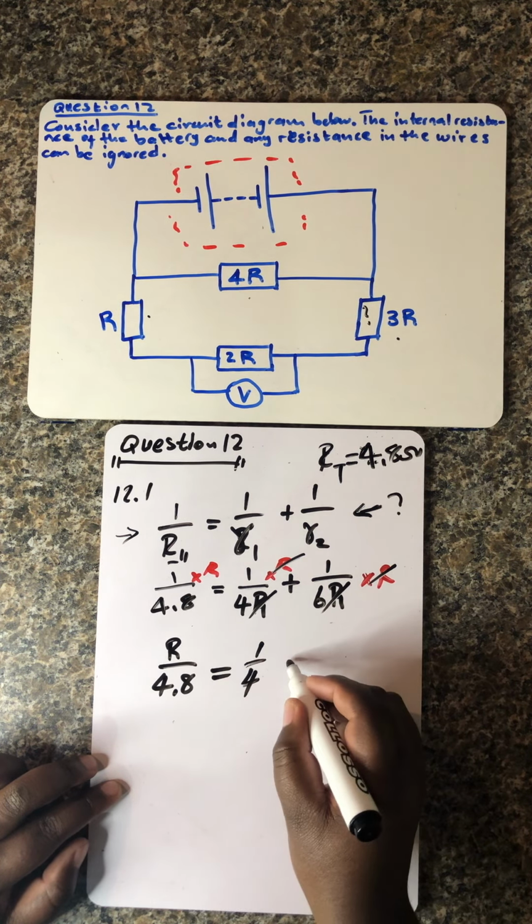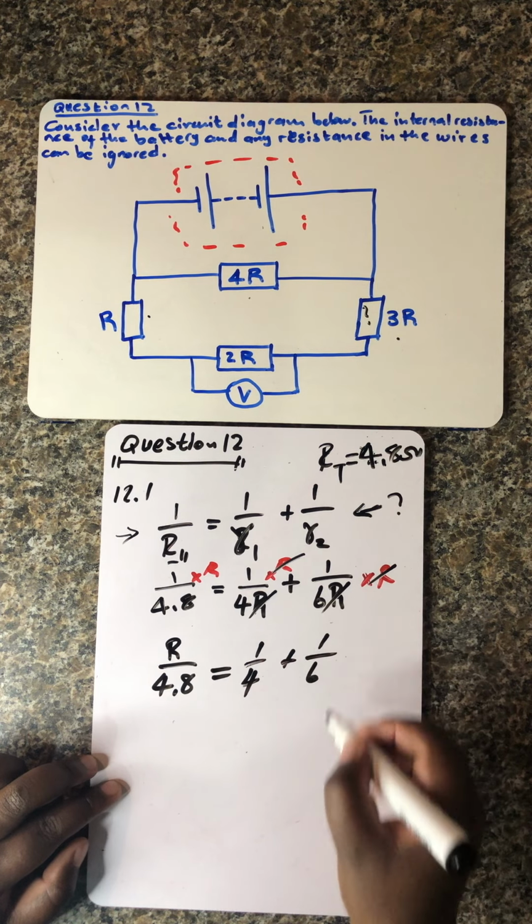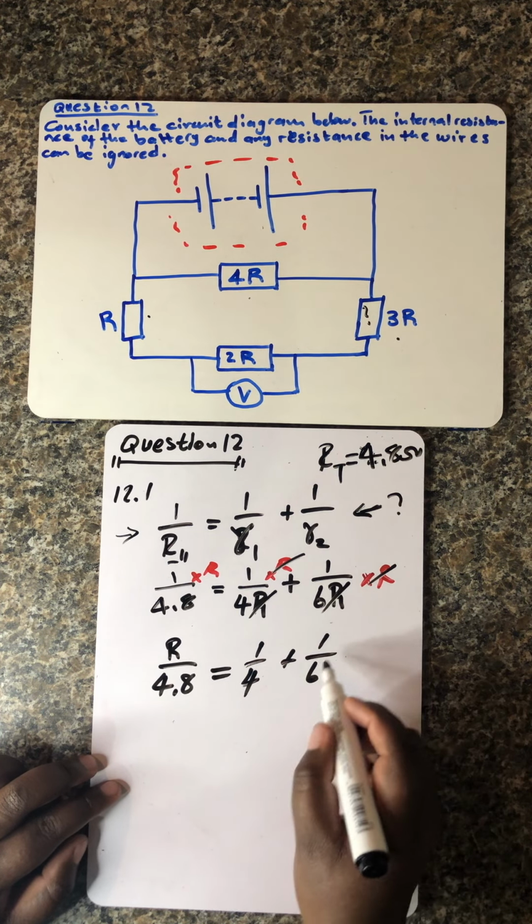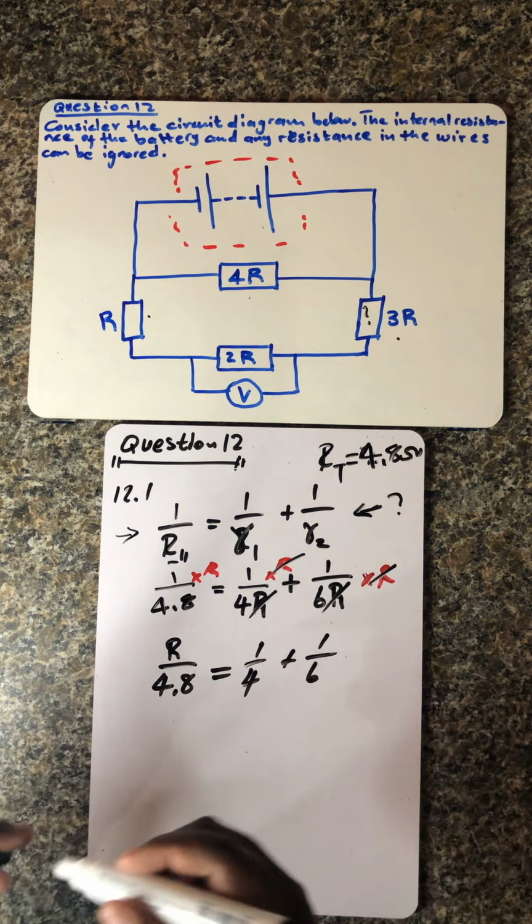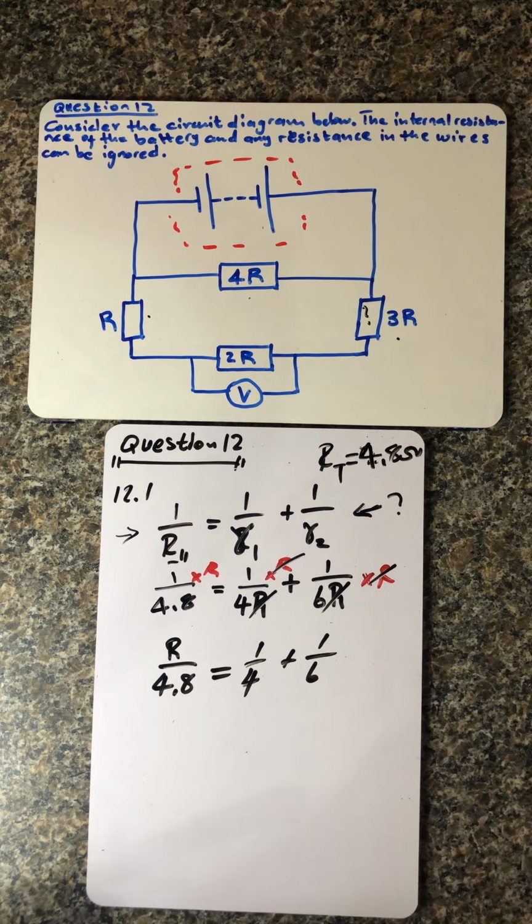You've got 1 over 4 plus 1 over 6. Now you can add these two on a calculator. I'm not sure if I've got my calculator next to me. Oh, there.